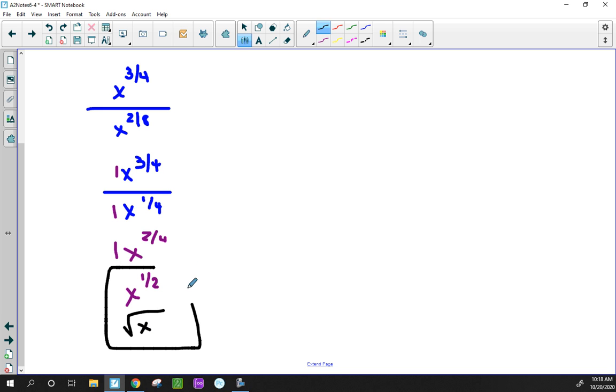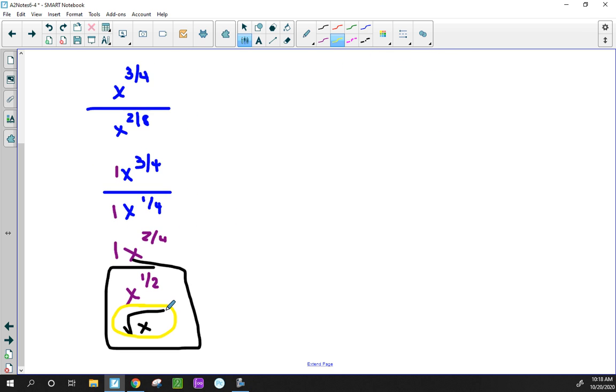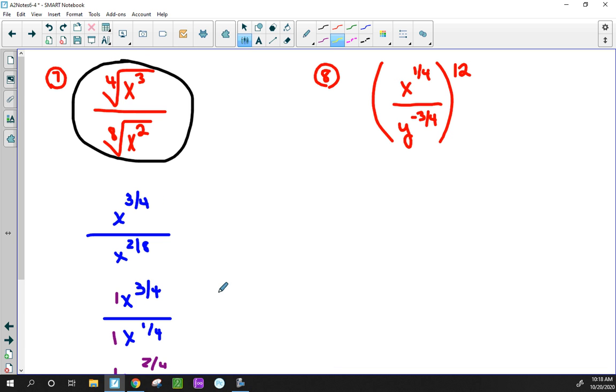These are both the same thing, but chances are that's how the key is going to be set up. So the general rule of thumb is when they give you a problem that has radicals, they expect you to give them the radical answer. When the problem has fractions in it, they expect you to give a fraction power answer when you can.